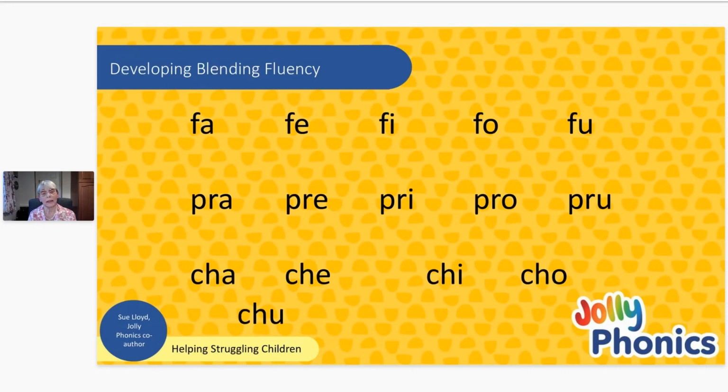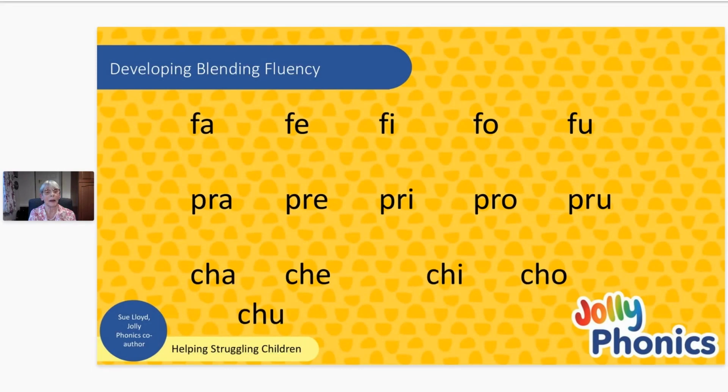If you have that, then the children can do this activity. Basically, you're putting a consonant and a vowel together. So you make a little list like this, and you have fa, fe, fi, fo, fa. You're encouraging them to snap them together and chant it. So have lots like that.